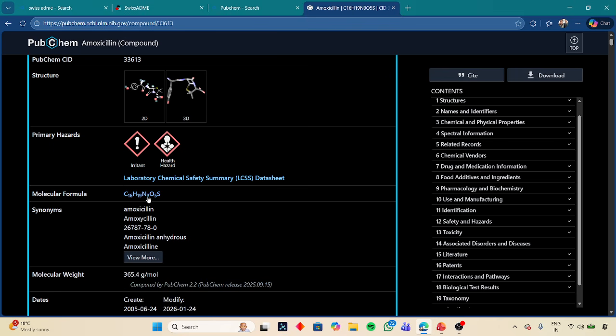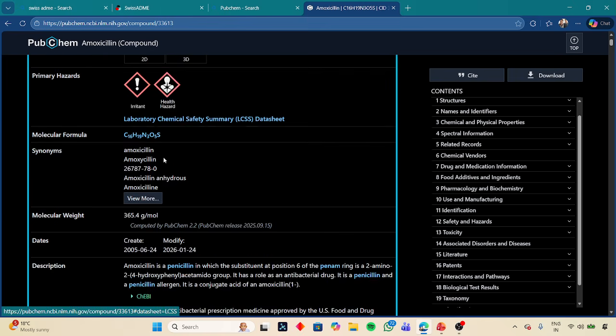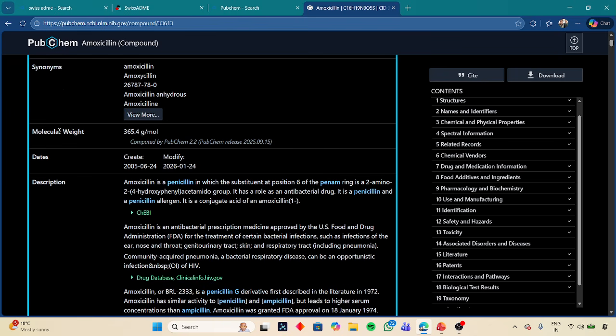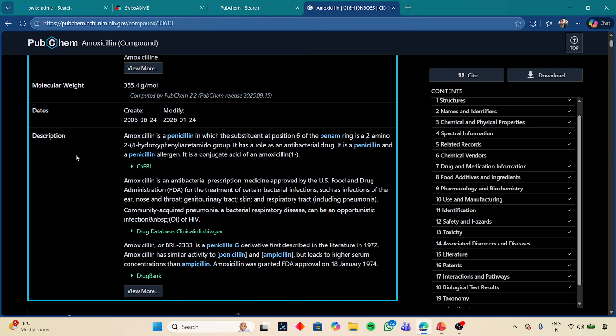Then the molecular formula, which for amoxicillin is C16H19N3O5S. Then there are some synonyms for amoxicillin. Now the molecular weight of the compound. Then some description and the therapeutic uses are written.